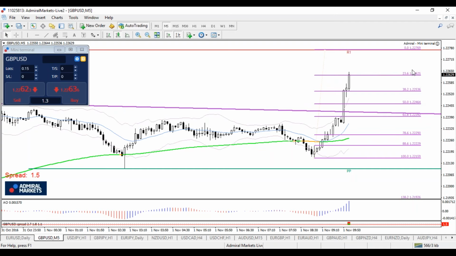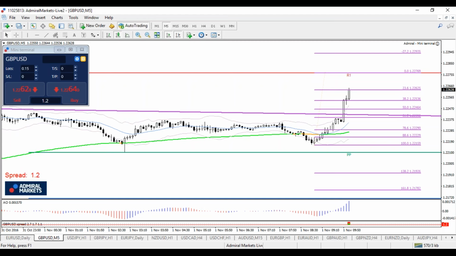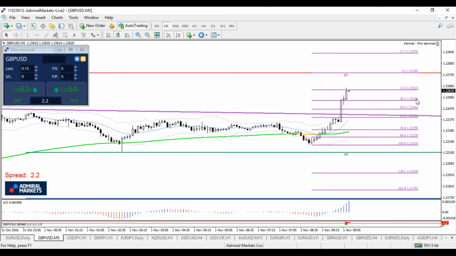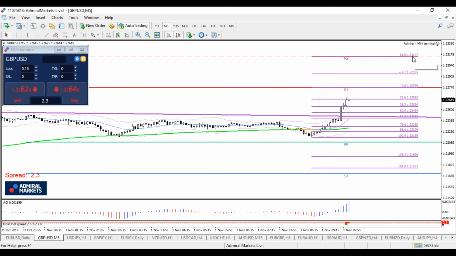122.55. I think that is an interesting level for long, especially after this correction. And I think a stop loss probably below this bottom should be okay. And targets, probably 123.15.